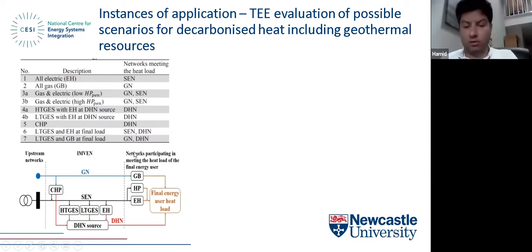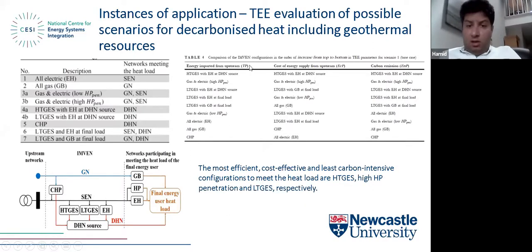So, several configurations. Once we performed techno-economic and environmental analysis of these scenarios, we found that the most efficient, cost-effective, and least carbon-intensive configurations to meet the heat load were high-temperature geothermal energy sources with the electric heater at the district heating network source, then high penetration of heat pumps, and then low-temperature geothermal energy storage with electric heaters, again at the district heating network source.